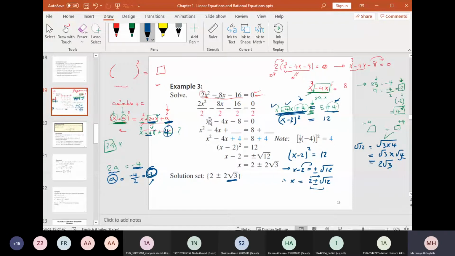Then look at the terms here, x square minus 4x. In particular, look at this term. If we want to complete the bracket, what do you do? You take the middle term, look at its coefficient and divide it over 2.